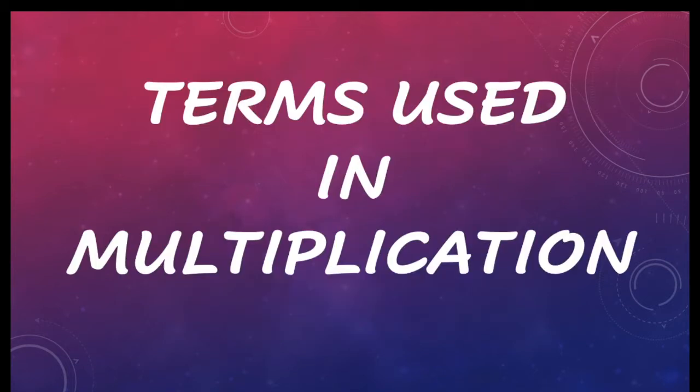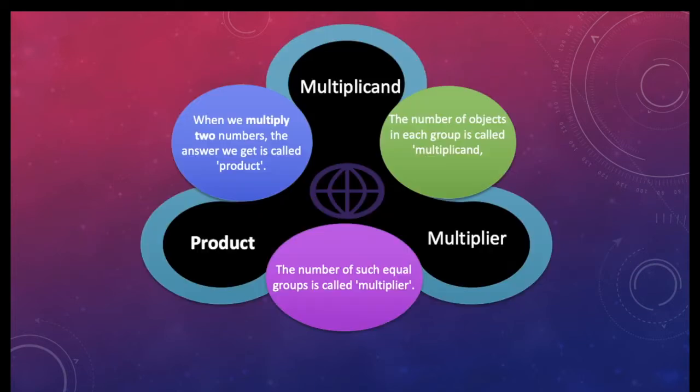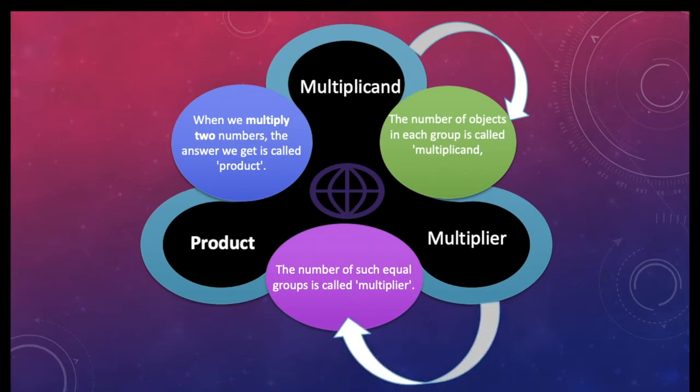Come, let us see the terms used in multiplication. What are the terms used in multiplication? We have multiplicand, multiplier and product. So, what is multiplicand? The number of objects in each group is called the multiplicand. And what is multiplier? The number of such groups is called the multiplier.